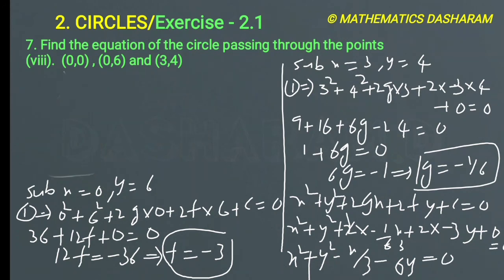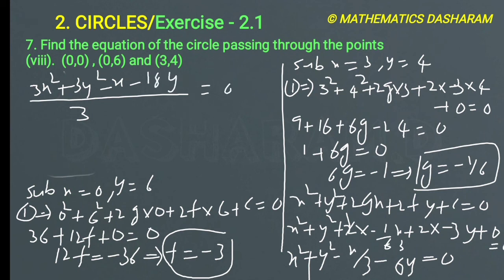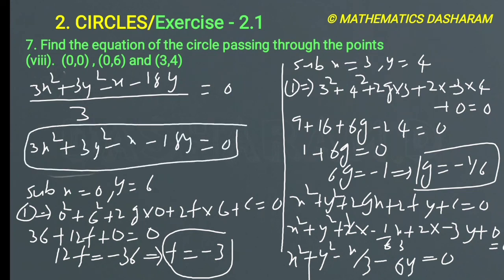So now take the LCM. 3 is the LCM, so 3x square plus 3y square minus x and 6 3s are 18y equals 0. So the required answer is 3x square plus 3y square minus x minus 18y equals 0.